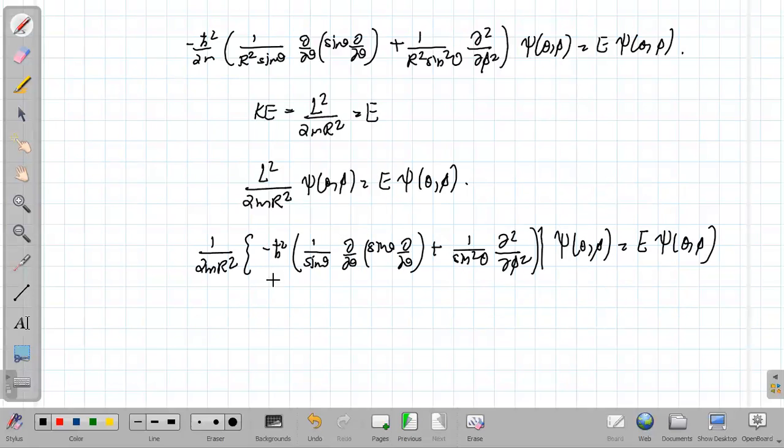Comparing these two expressions, we can directly identify the form of L squared.